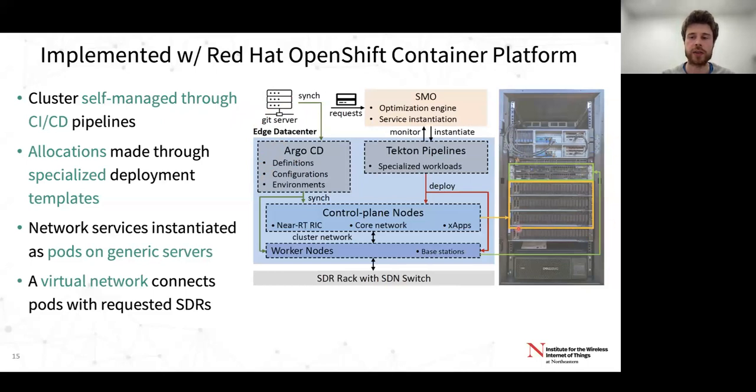So these guys over here. We can use some templates as a start to make automated allocations through this tool here. And then we can instantiate some workloads in the form of containers or pods on some generic servers, like these ones here, which are very generic. They're not specialized to do any operation in particular.